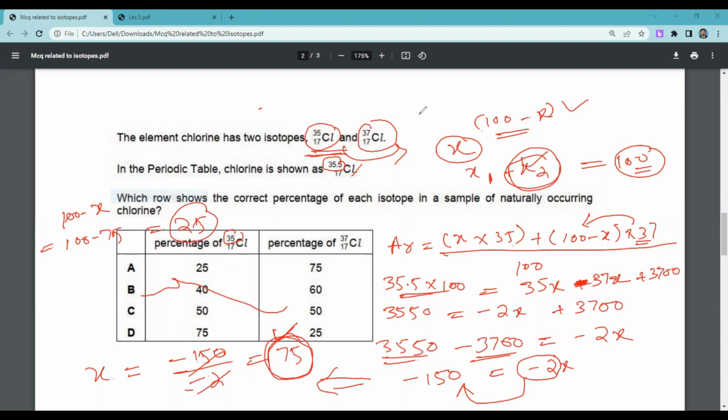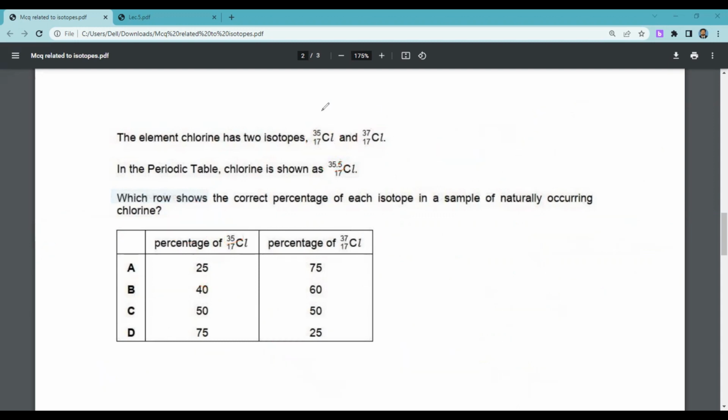Now we can see our options. In the third last option, D, we can find the percentage of chlorine 35 is 75 and the percentage of chlorine 37 is 25. This is our required option. I hope I made this question clear to you guys.